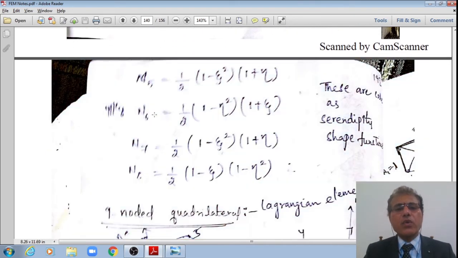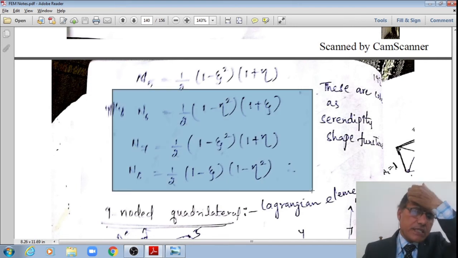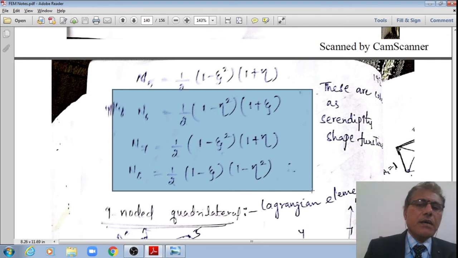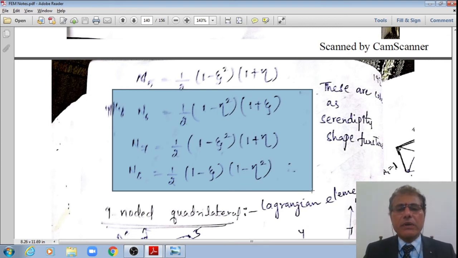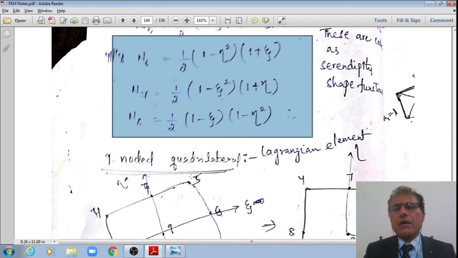Similarly you can do for other mid-side nodes also, which are given respectively by N6 is equal to 1 by 2, 1 minus eta square, 1 plus xi, N7 is 1 by 2, 1 minus xi square multiplied by 1 plus eta, N8 is 1 by 2, 1 minus xi, 1 minus eta square, respectively, right?